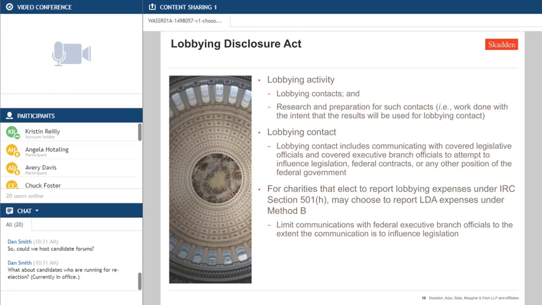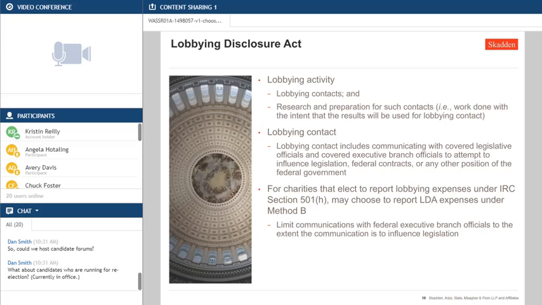So back to Zinke and the drilling. Covered legislative officials under the federal lobby law are basically Congress and their staff and anybody who works for them. So they're all covered. That's easy. Covered executive branch officials are a little bit different under the LDA.